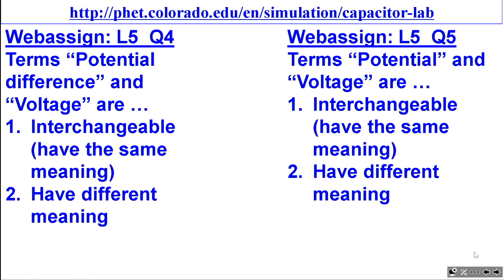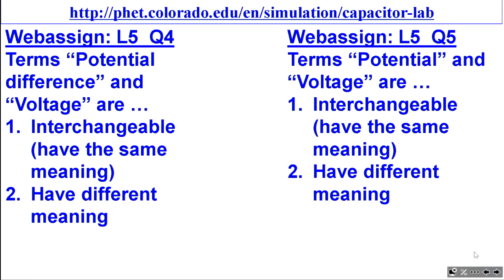Just think about it. Potential difference, according to a definition, is the positive number which always represents what? The magnitude of a difference between a potential number 1 and potential number 2. Two potentials.